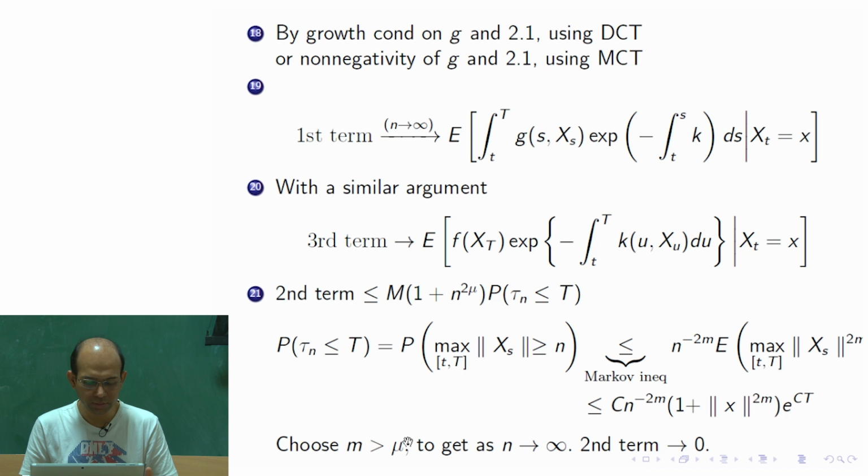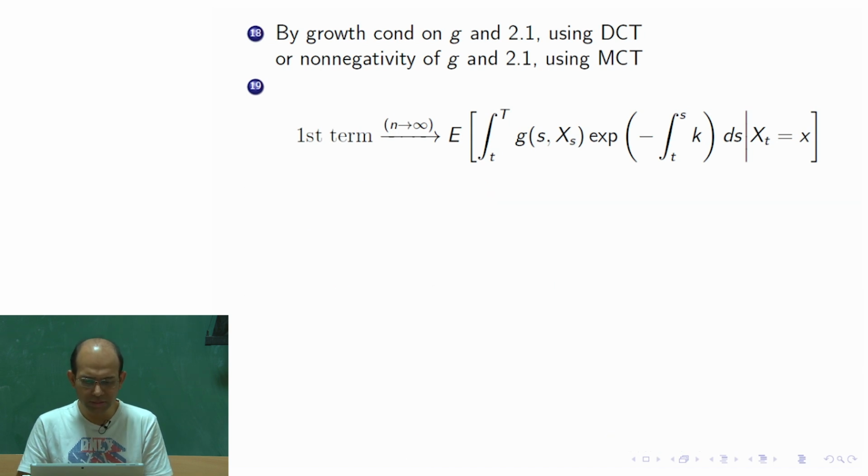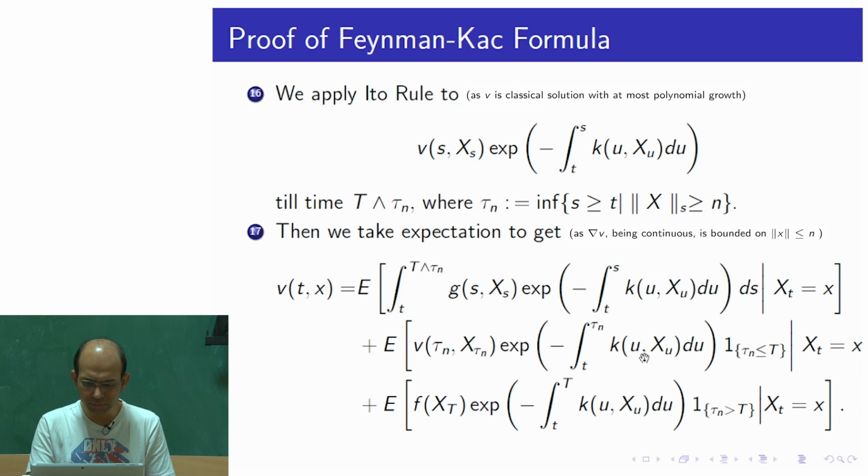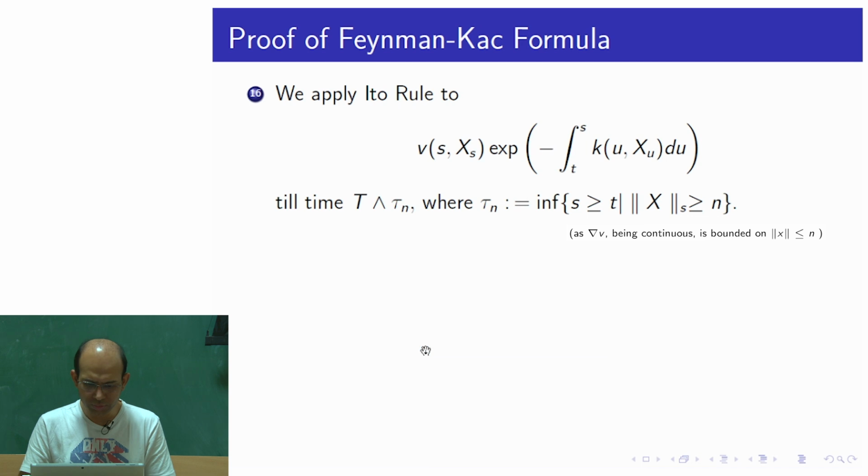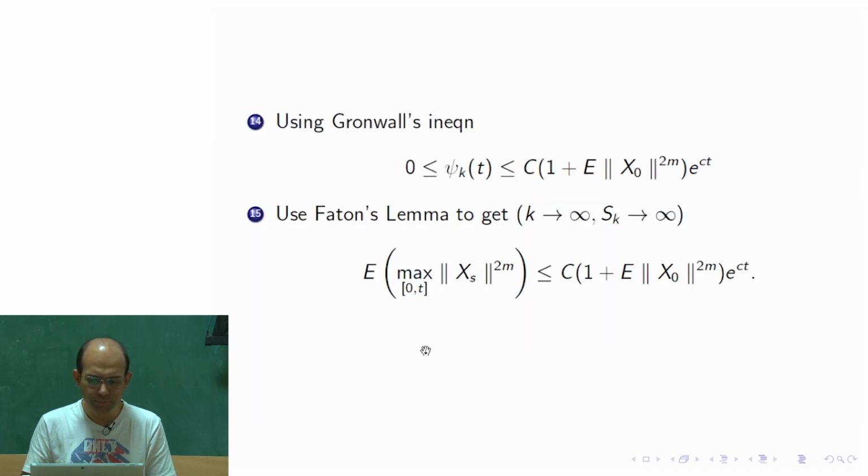If we choose m larger than this, then the second term is less than or equal to a constant times 1 plus n to the power 2 mu, into the probability of tau n less than or equal to capital T, because the second term has this function v here.